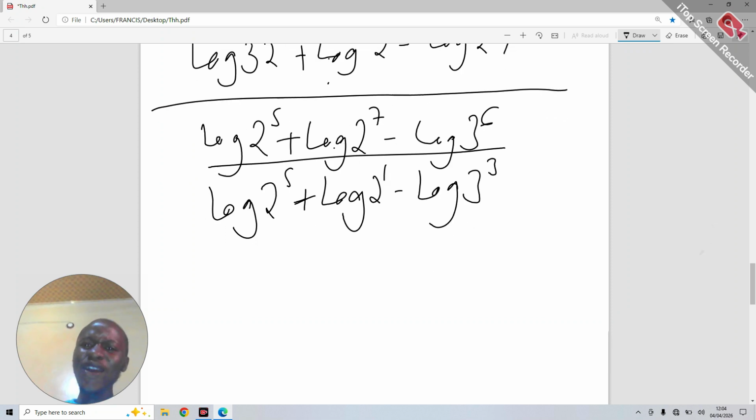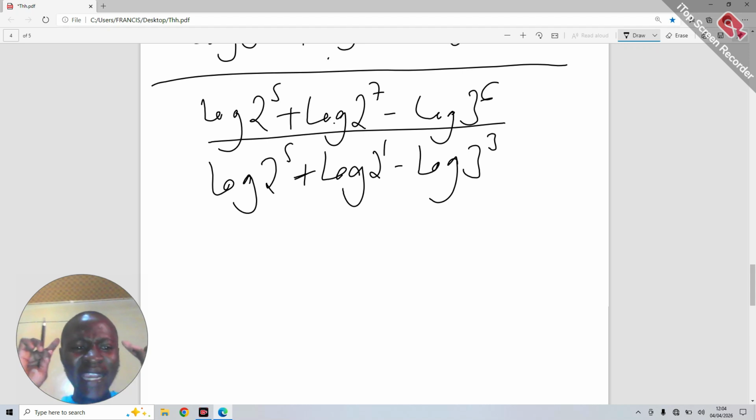Now, I don't know how their mind thinks. Because to be honest, we don't have any law in logarithms for that.